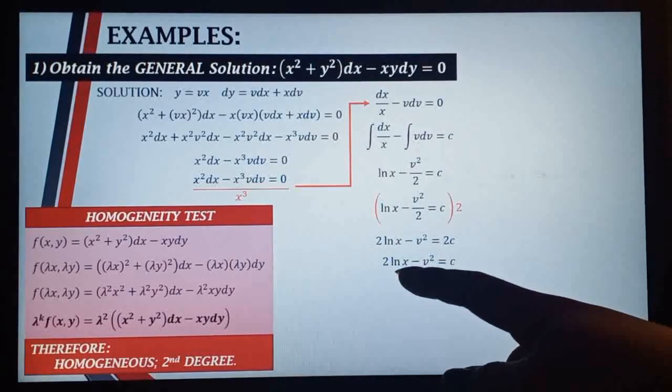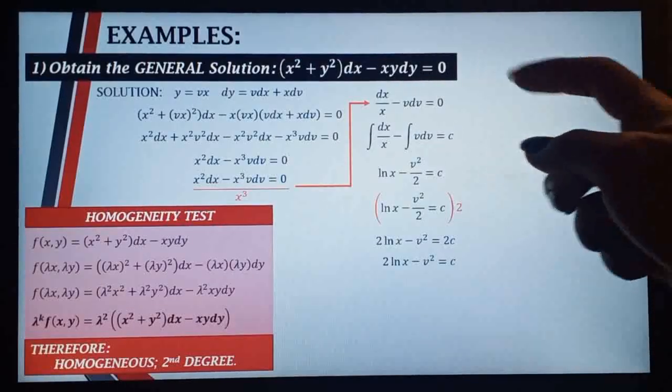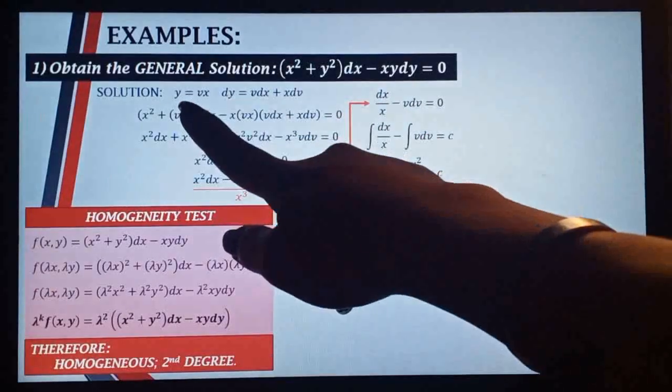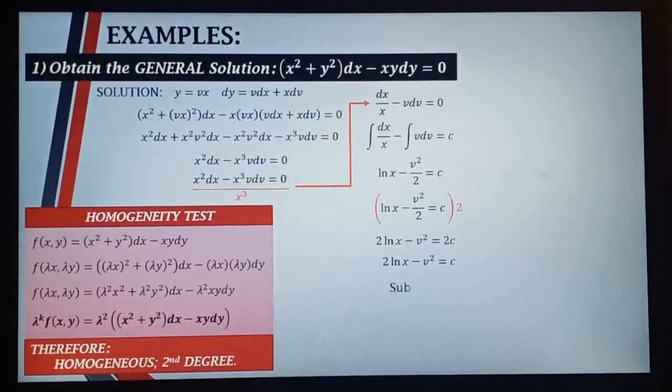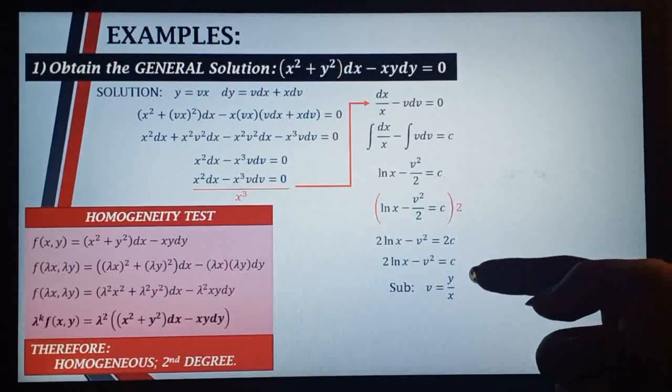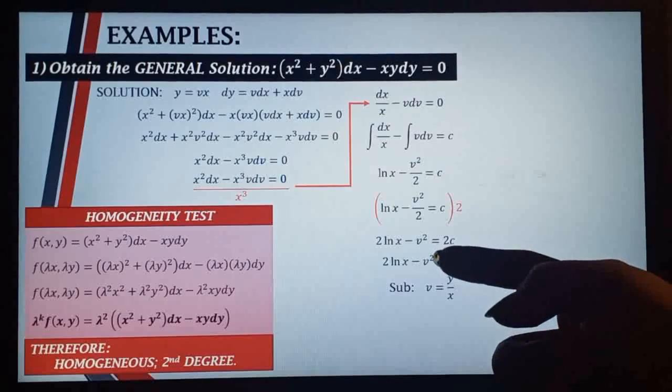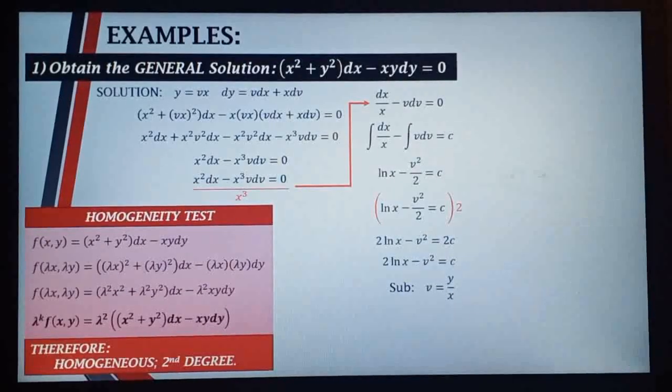Kaya lang our original equation is in terms of x and y. So, kailangan i-substitute natin yung ginamit natin kanina na y equals vx. So, therefore, your v is equivalent to y over x. So, lahat ng v, papalitan natin ng y over x, which is the v squared. So, pag pinalitan mo yan ng y over x, your new equation will be 2 ln of x minus the quantity of y over x raised to 2 equated to c.